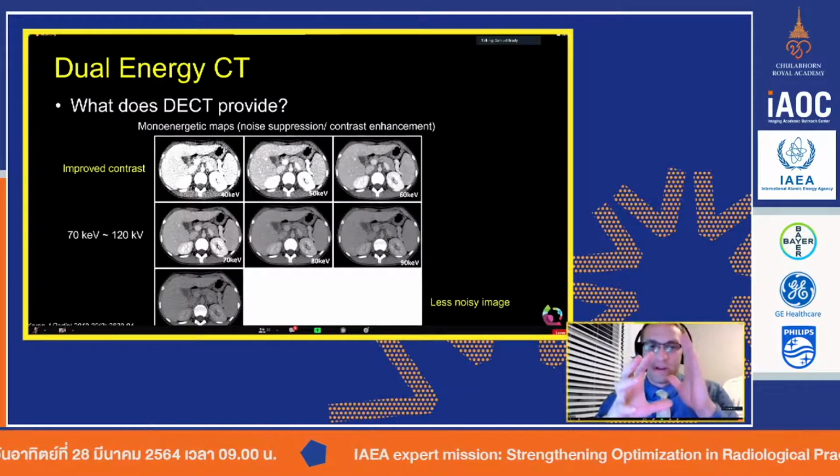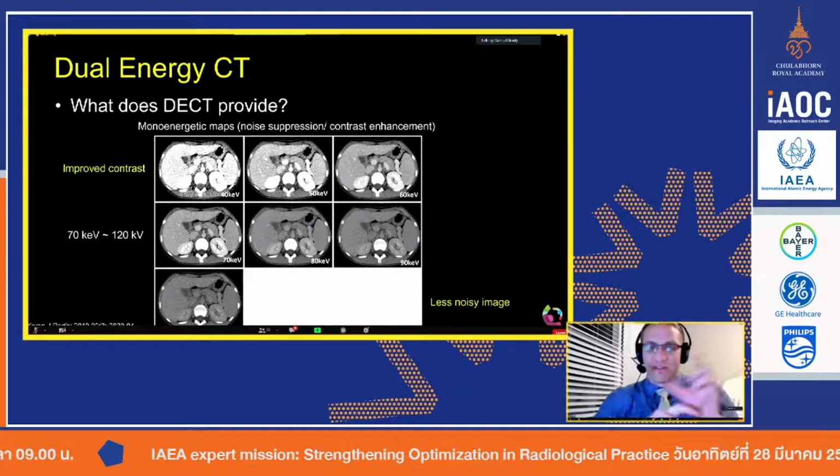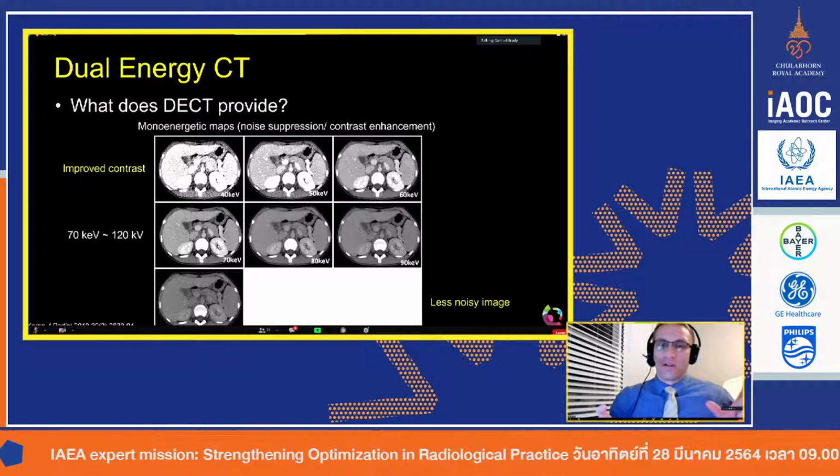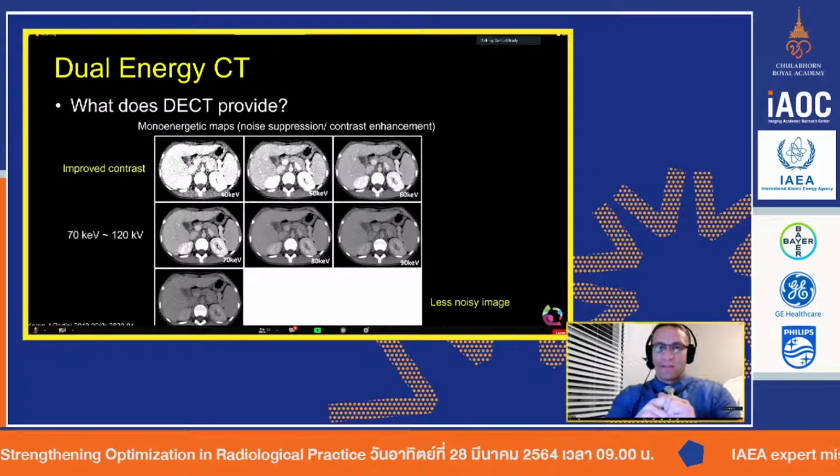So monoenergetic images are mathematical calculations taking the low energy and high energy and blending them together.